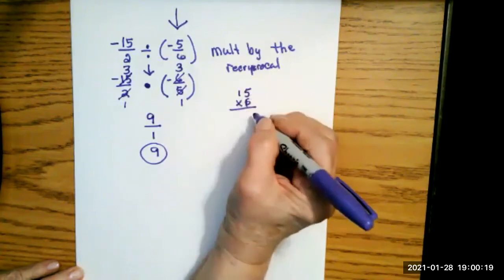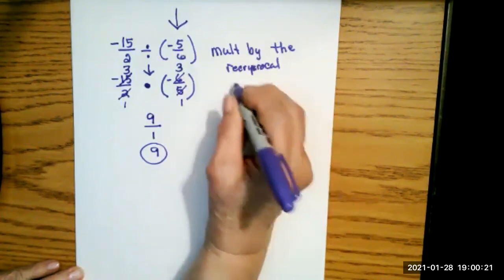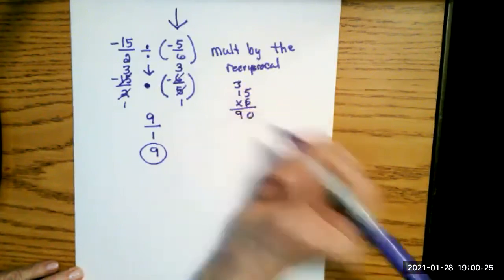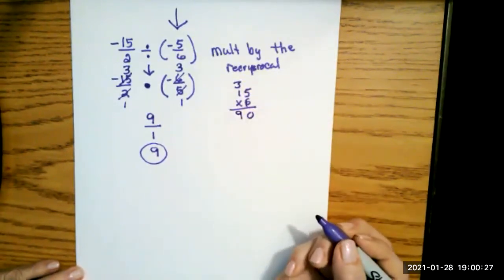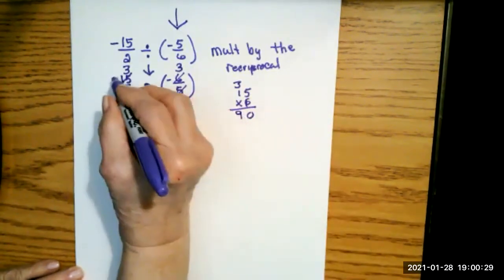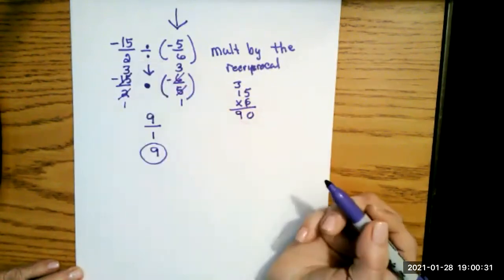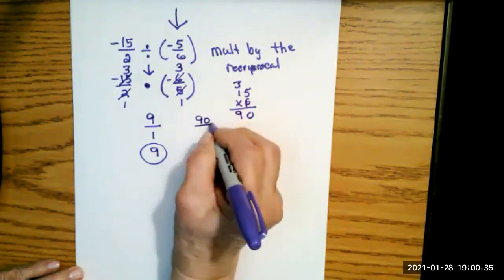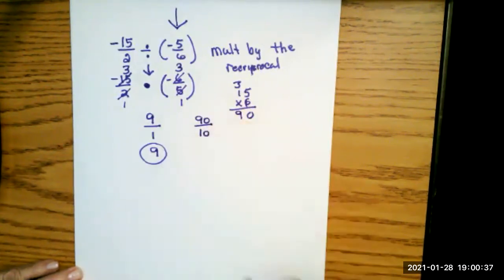Or 80, sorry. 5 is 30. 6 times 6 is, oh wow, 3. So I think that would be 90, isn't it? I'm sorry. I forgot how to multiply this afternoon. And negative times a negative is a positive. So we could have 90 on the top that's positive and 10 on the bottom. 2 times 5 is 10. So what's 90 divided by 10? 9.